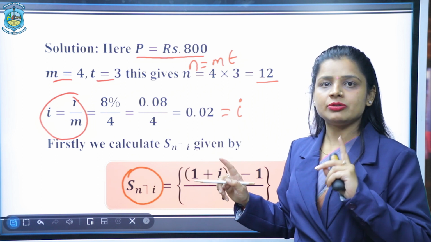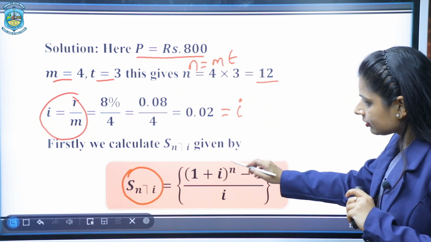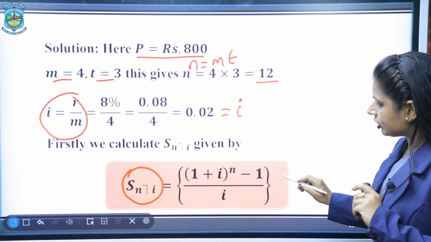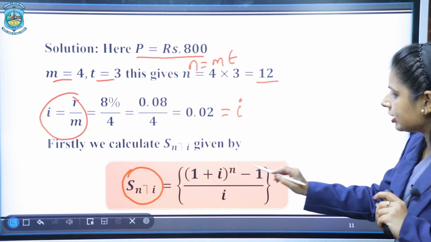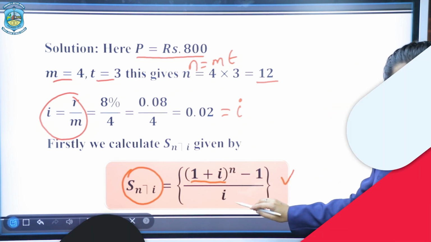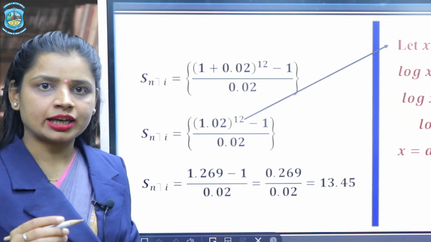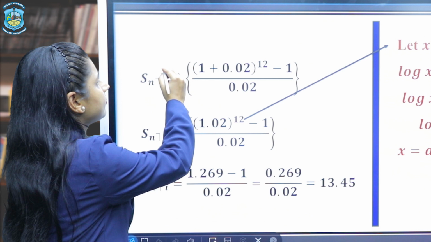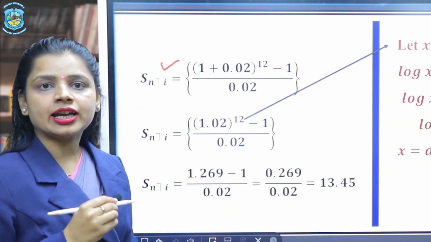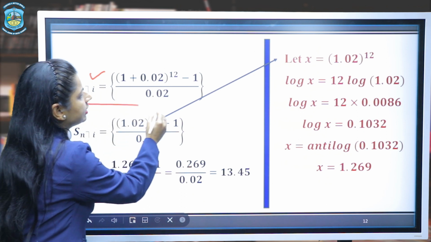First, we will see the mathematical technique. We can get this value by using the formula (1 plus i) to the power n minus 1, upon i. So we substitute the values of i and n, and s angle n at i is given by this expression.